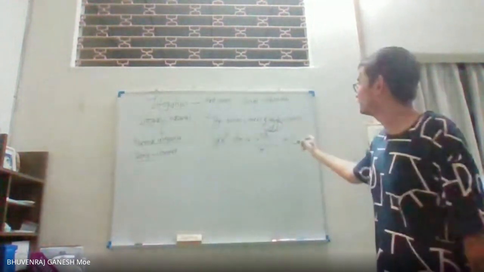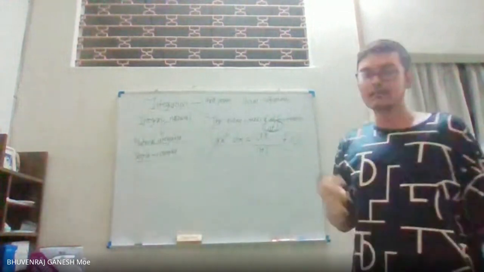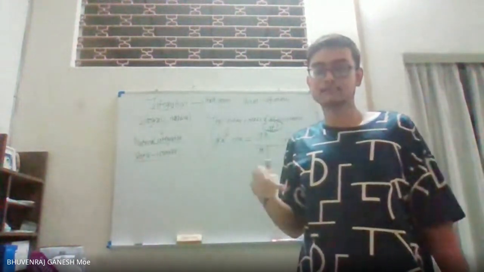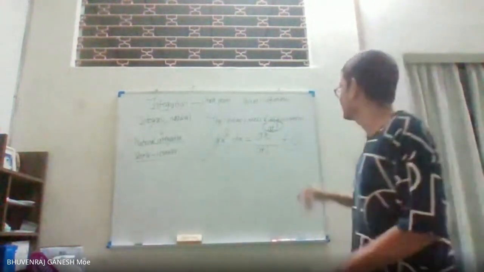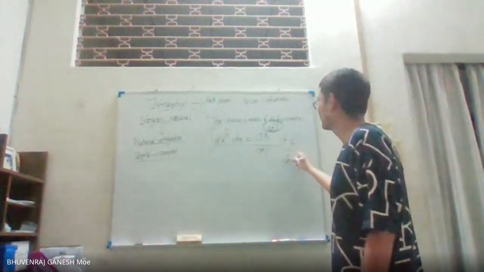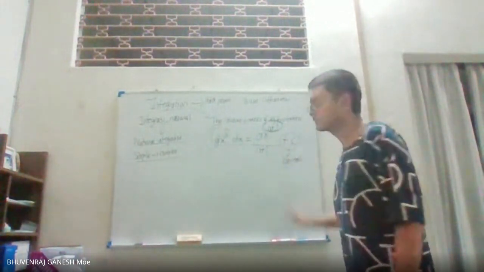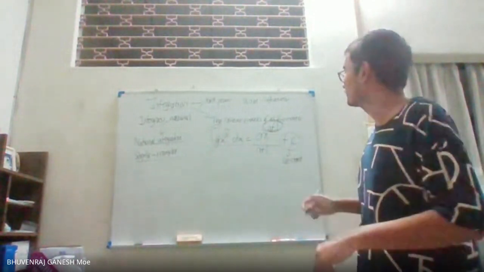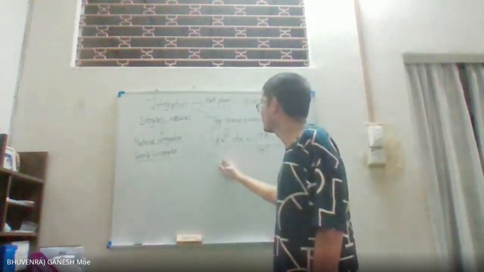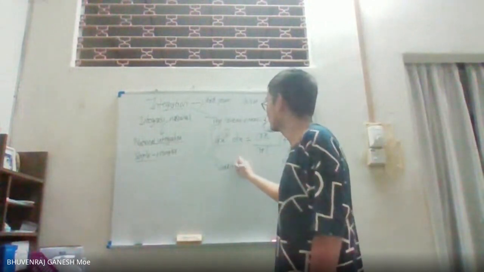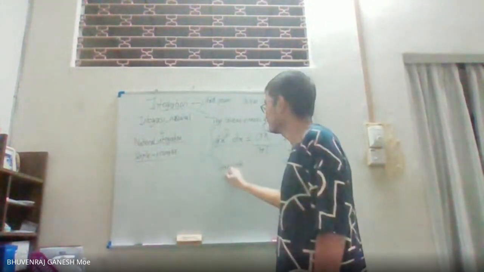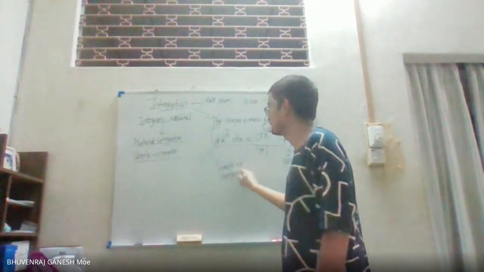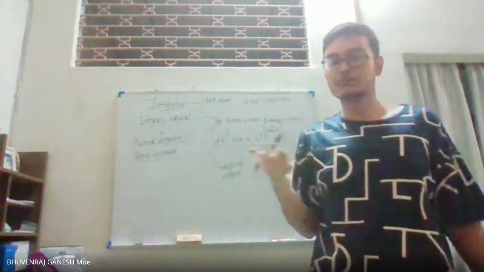And then why do I add plus c? C can be a number, like plus 8 or plus 7. You can also call it a constant because it's a number. I add c here because this is an indefinite integral. In integration, you will find you have two types of integrals, definite and indefinite.